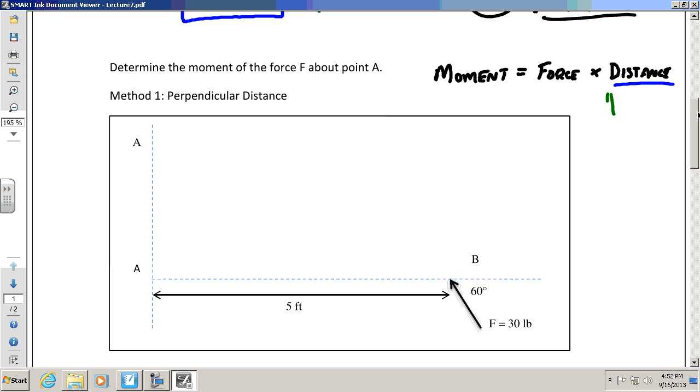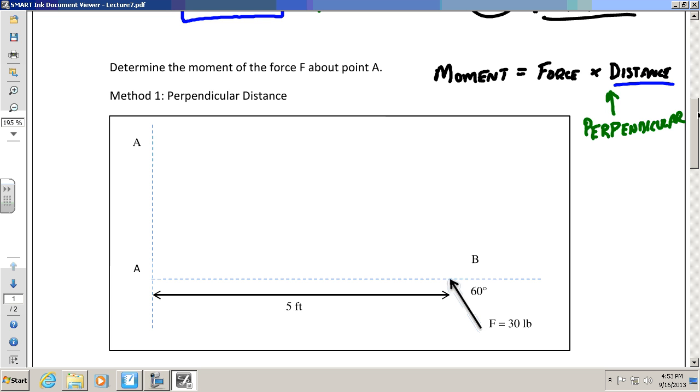So in this case, it has to be the perpendicular distance. And I think this will become clearer with this example. The moment, the torque, is the force times the distance. But it's not just any distance, it's the perpendicular distance.